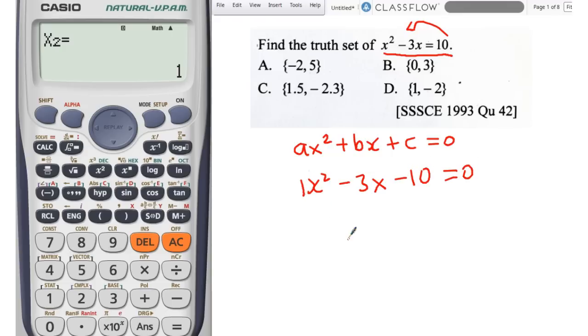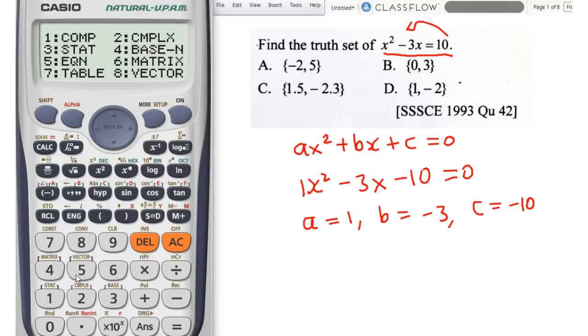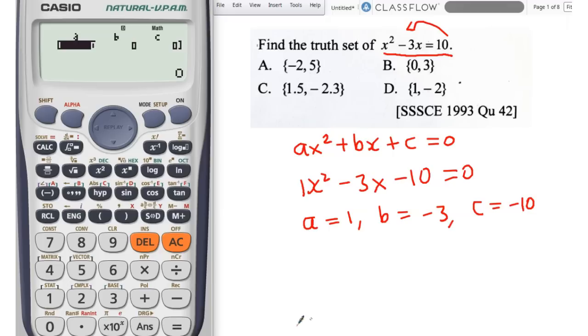Remember here is 1, so your a is 1. b is -3. Your c is -10. You come back here, option 5 and option 3. Your a is 1. You press equal, -3 as b and -10 as c, and equal.